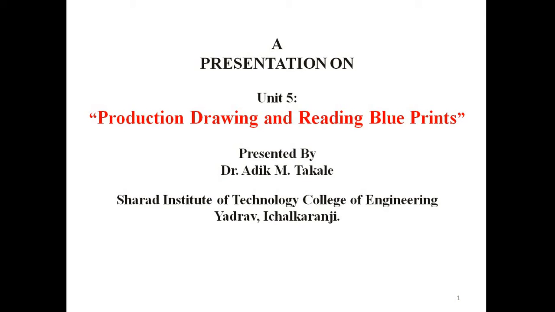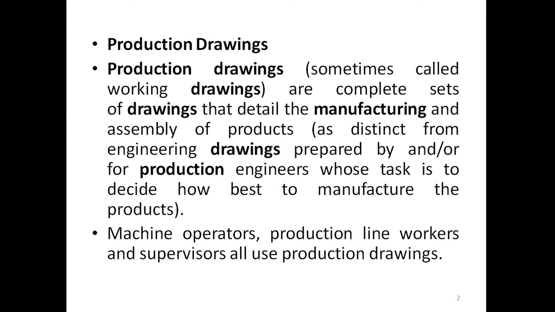Unit number 5, Production Drawing and Reading Blueprints. Production drawings, sometimes called working drawings, are complete sets of drawings that detail the manufacturing and assembly of products, as distinct from the engineering drawings prepared by and/or for production engineers whose task is to decide how best to manufacture the product.